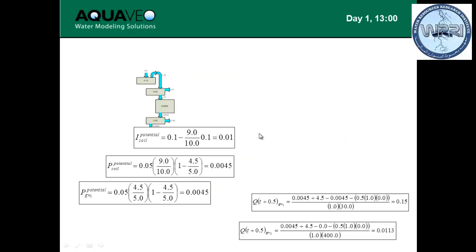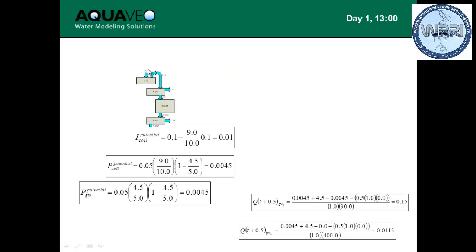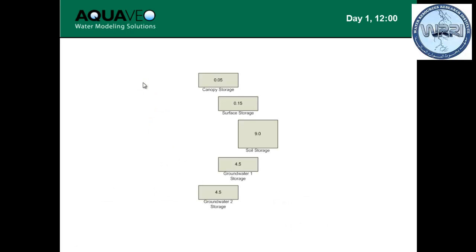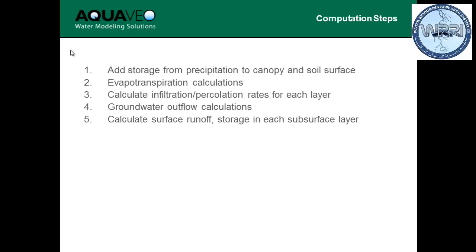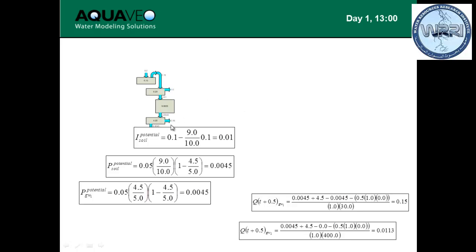When at the second time step, I'm going to run through that, and so the first time step I have 0.05 in my canopy. The second time step I get 0.2 inches of rainfall. And you follow those 5 steps for this time step. So these 5 steps back here, these computation steps, and for the first time step I get these values.